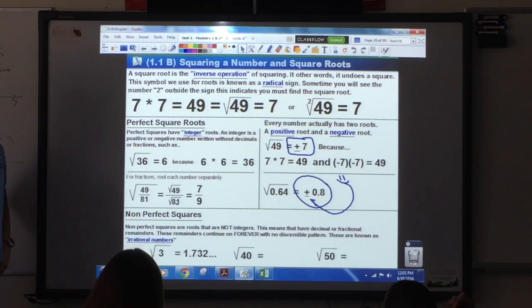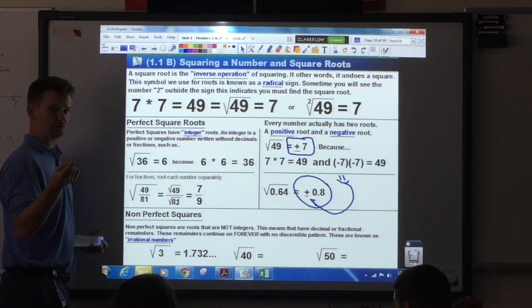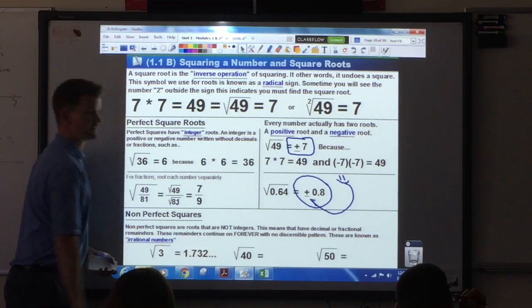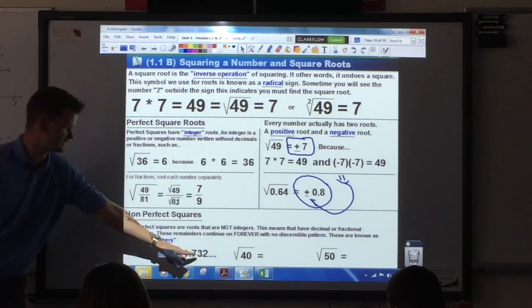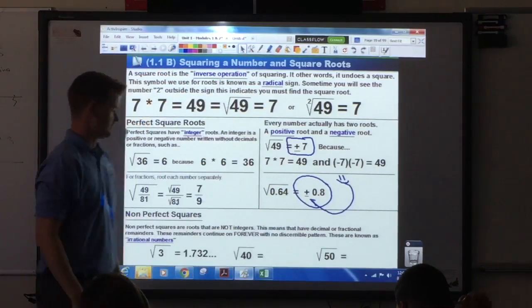They don't actually stop. Your calculator stops because your calculator can't go on forever and ever. But what we do to write that out is we write the first 3 digits after the decimal, and then you write 3 dots after it. You have to do that. That shows anybody who knows anything about math that that is an irrational number, and this actually continues on forever.